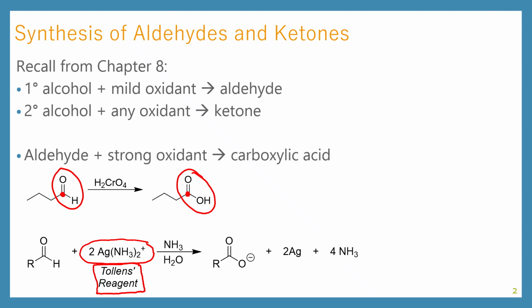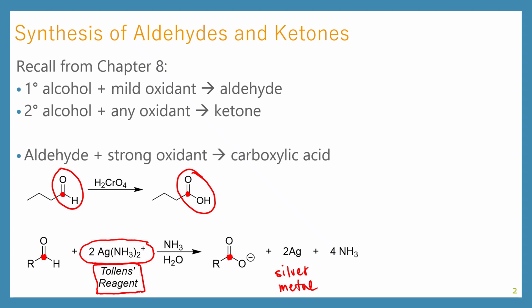And what this does is it takes an aldehyde and turns it into a carboxylate, which is the conjugate base of a carboxylic acid. Notably, the side products include silver metal and more ammonia, which is not special.